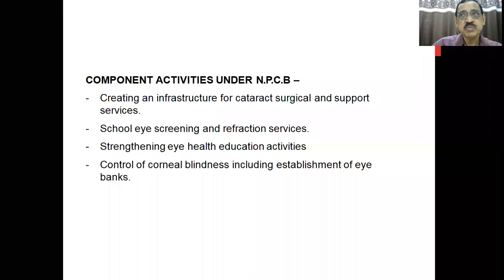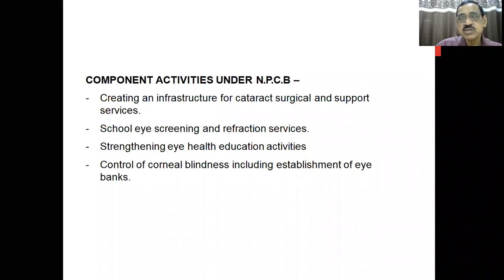If they have defective vision, less than 6/18 or so, or even 6/12, 6/9 also, they can be referred to the primary health center, where we have paramedical ophthalmic assistants with the necessary equipment.